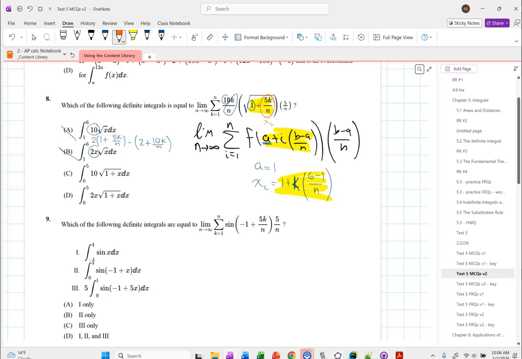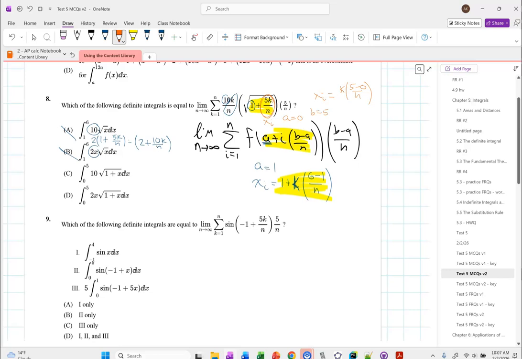Because if I look at my other two options, I have 1 plus x, right? So if xi is that case, then A is 0 and B is 5. Looks okay. That means xi is going to be just k times 5 minus 0 over n.